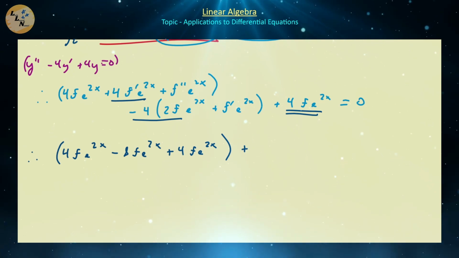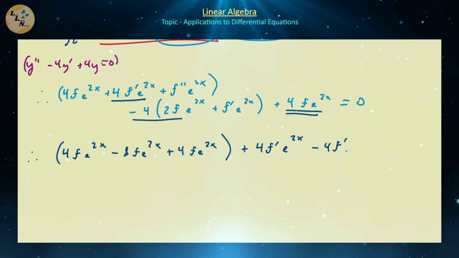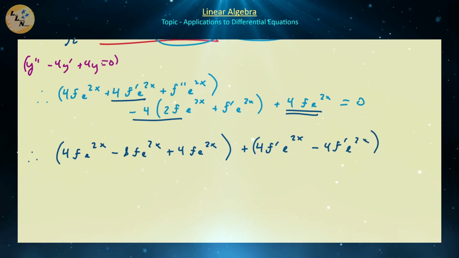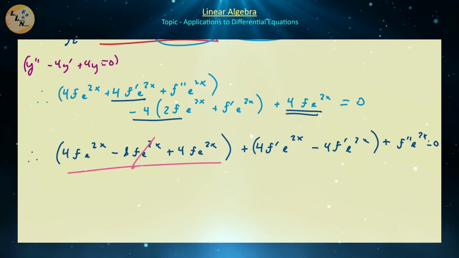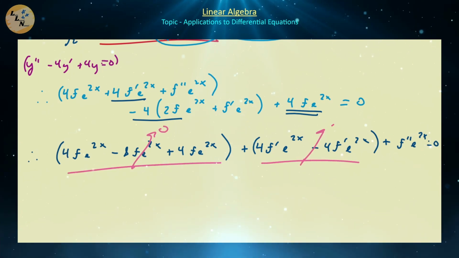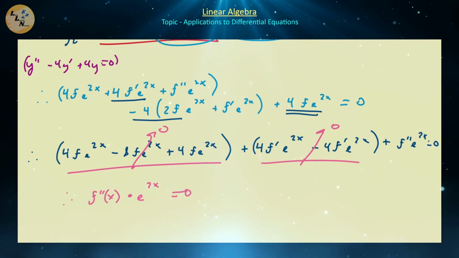And then let's look at our f' terms: 4f' e^(2x) minus 4f' e^(2x), and then plus f'' e^(2x) is equal to 0. So notice that that cancels as well, and we're just left with the equation f''(x) times e^(2x) is equal to 0.